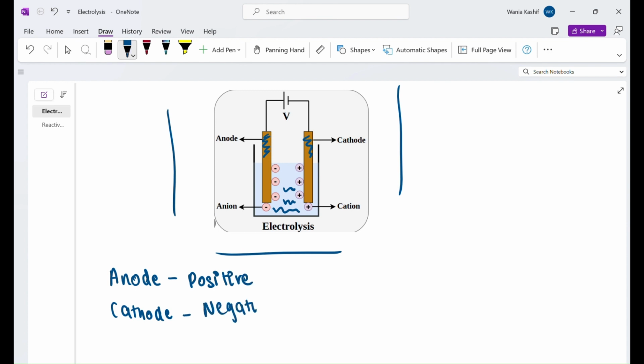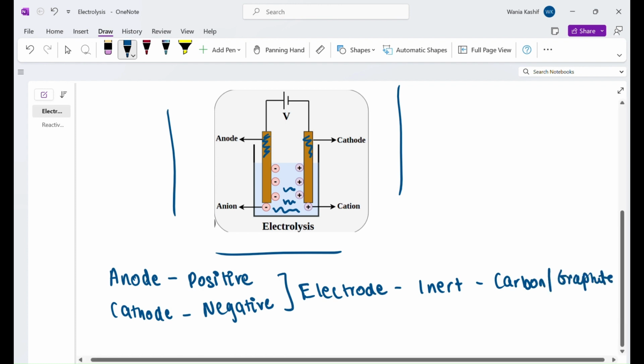Now it is essential for our electrodes to be inert. Therefore, they can either be carbon or graphite. They might ask you, why should the electrodes be inert?